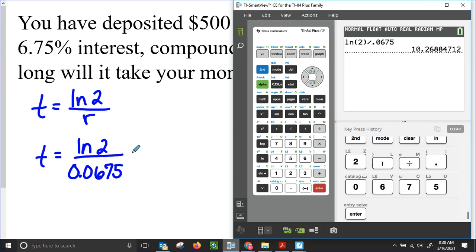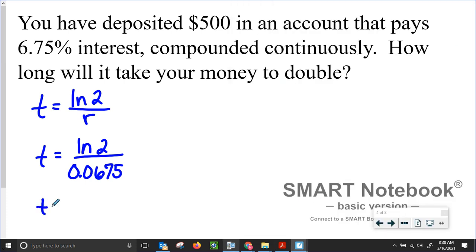Bam. All right, so this will be 10.269. And of course, that is in years. So that's it. Doubling time, especially with compounding continuously, is very straightforward and simple.